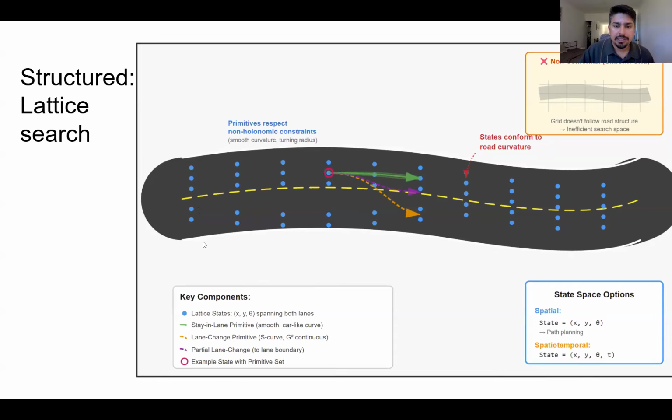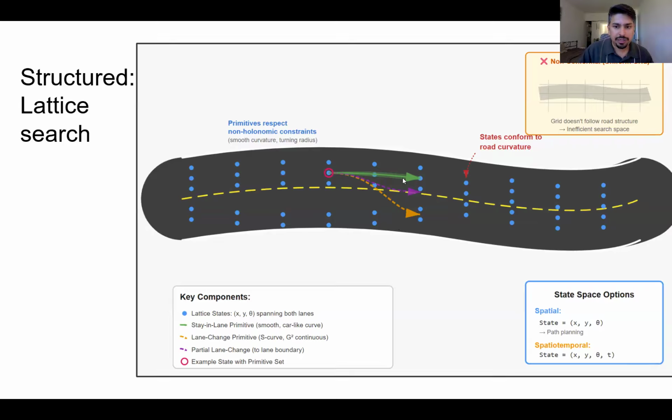So the idea is to generate the optimal sequence of actions using some motion primitives. In this case, you can see we have 3 different motion primitives: the green, the purple, and the orange one. And each of them has a slightly different action.